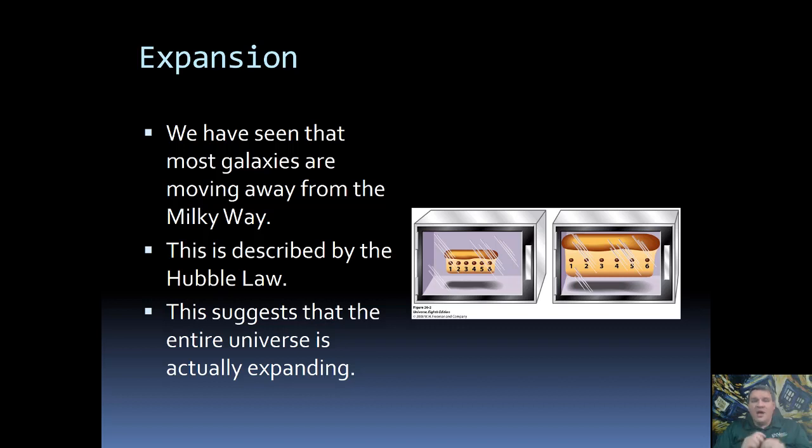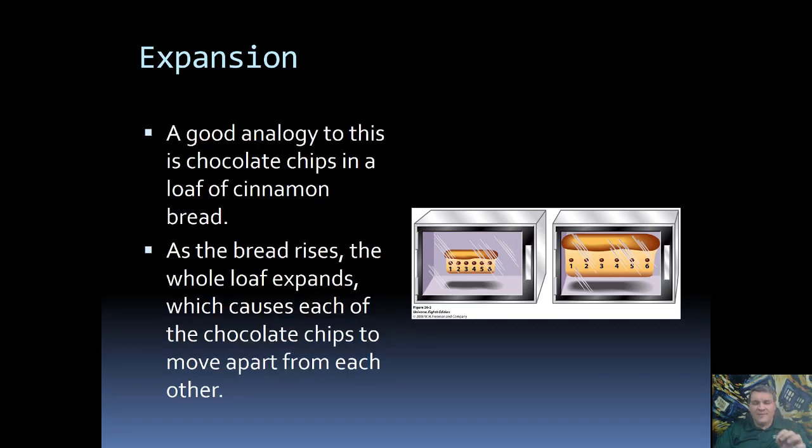In other words, all galaxies must be seeing most other galaxies moving away. So all galaxies have to be moving away from each other. Well, the only way that all galaxies can be moving away from each other is if the universe itself is expanding. I realize that probably didn't make a lot of sense, so let's use an analogy.